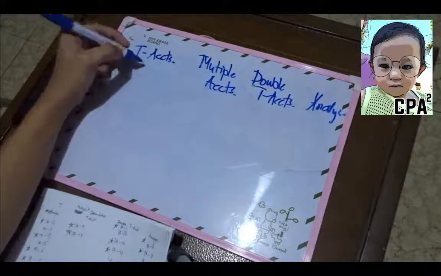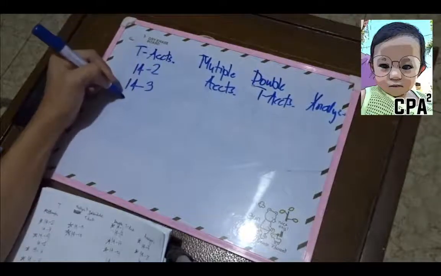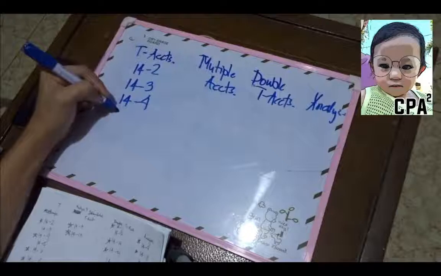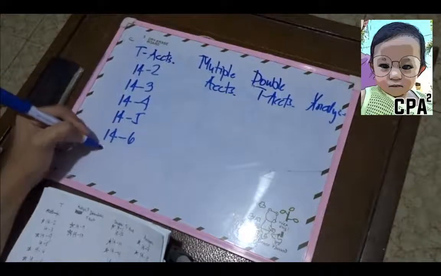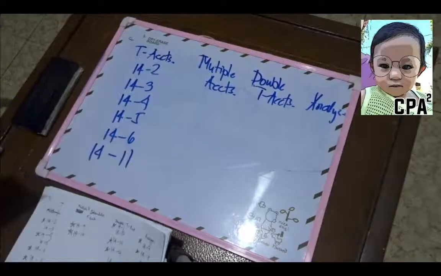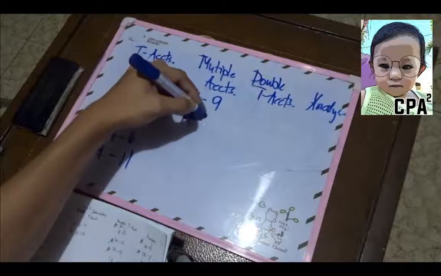So for T accounts, you have 14-2, 14-3, 14-4, 14-5, 14-6, and 14-11. Multiple accounts, you have 14-9 and 14-10.